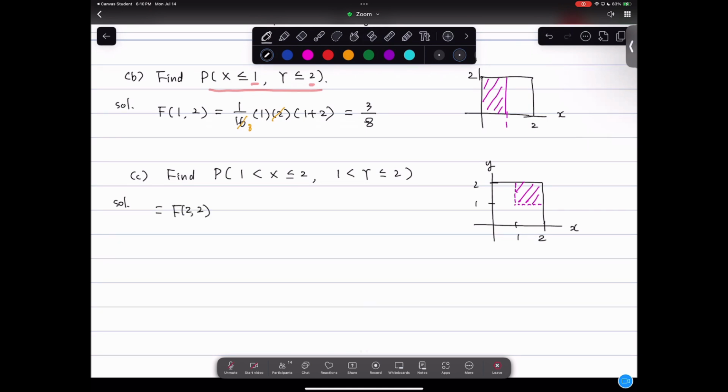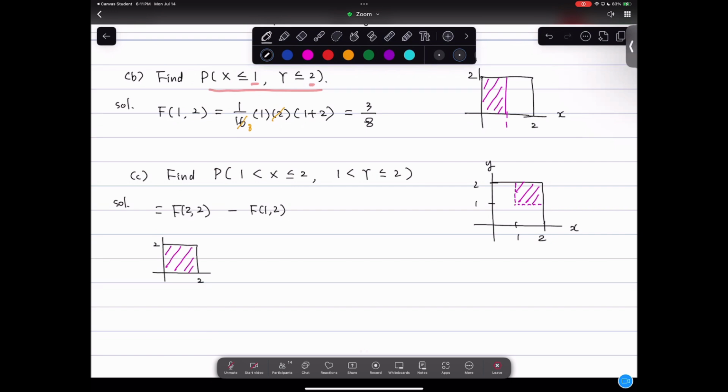What I'm trying to do is, on my xy support, I want all the probabilities over this region, which is just 1 anyway. From this, I'll be subtracting F of 1, 2.